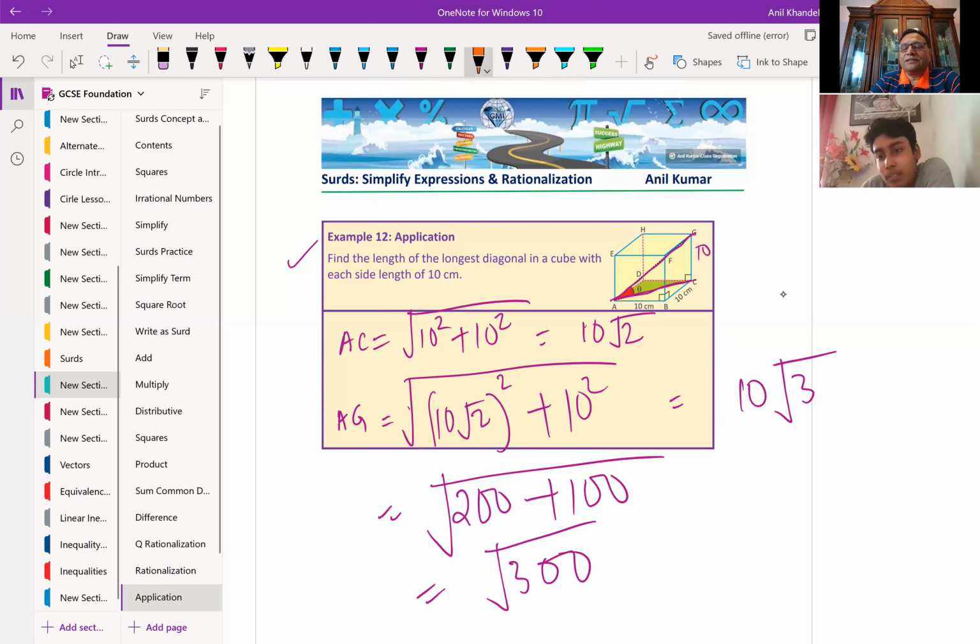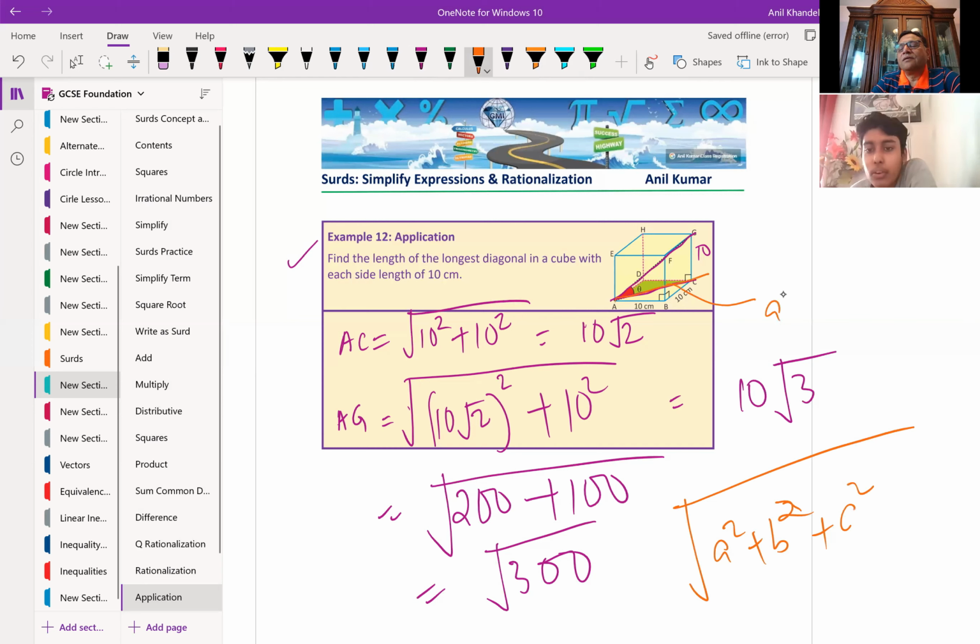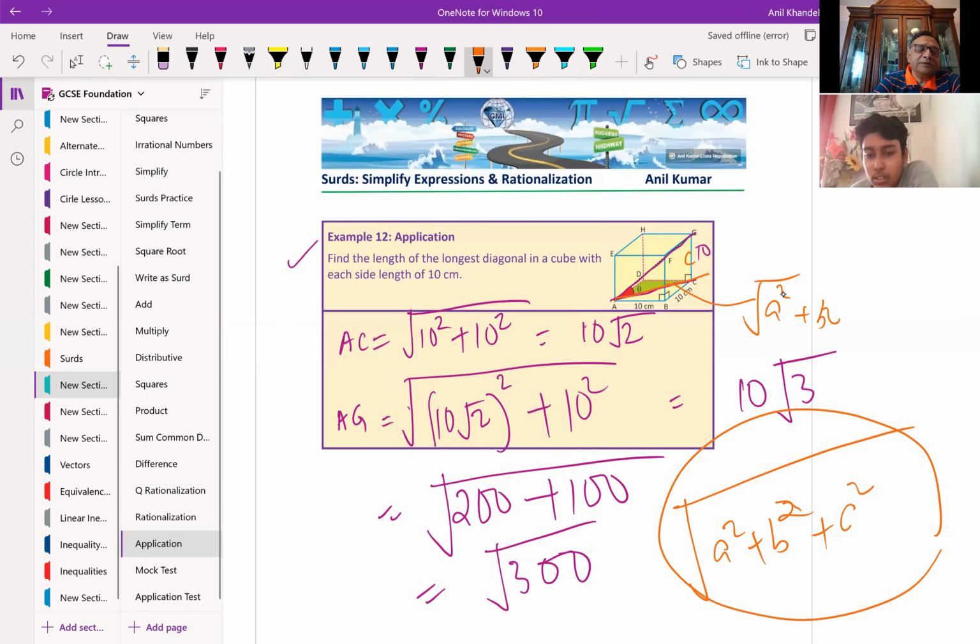So in a cube, you can say it is the square root of a square plus b square plus c square, because this side is a square plus b square, right? And then that is c. So this will be the formula directly. You can apply this and get the maximum length of the diagonal from one vertex to the opposite vertex, right? Do you get an idea how do we solve such questions, right?